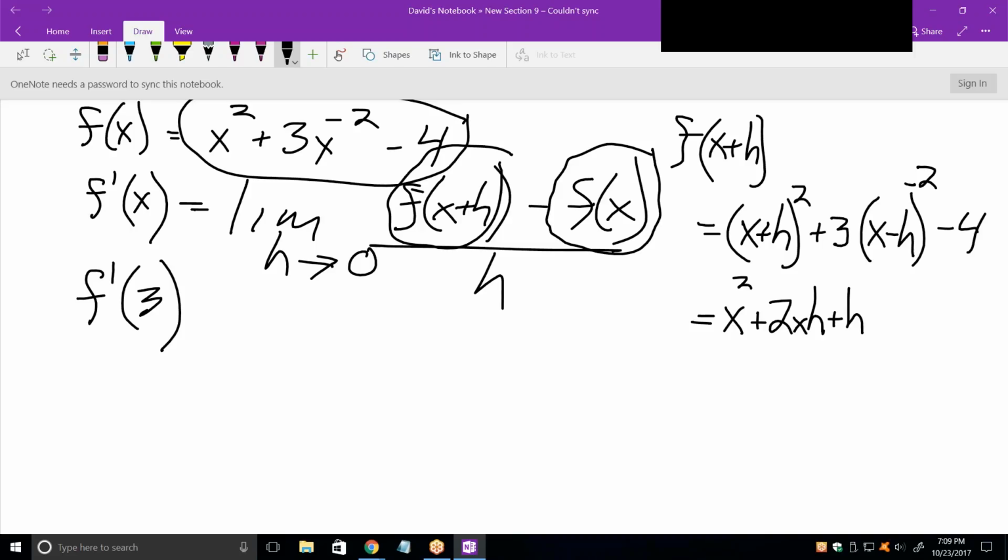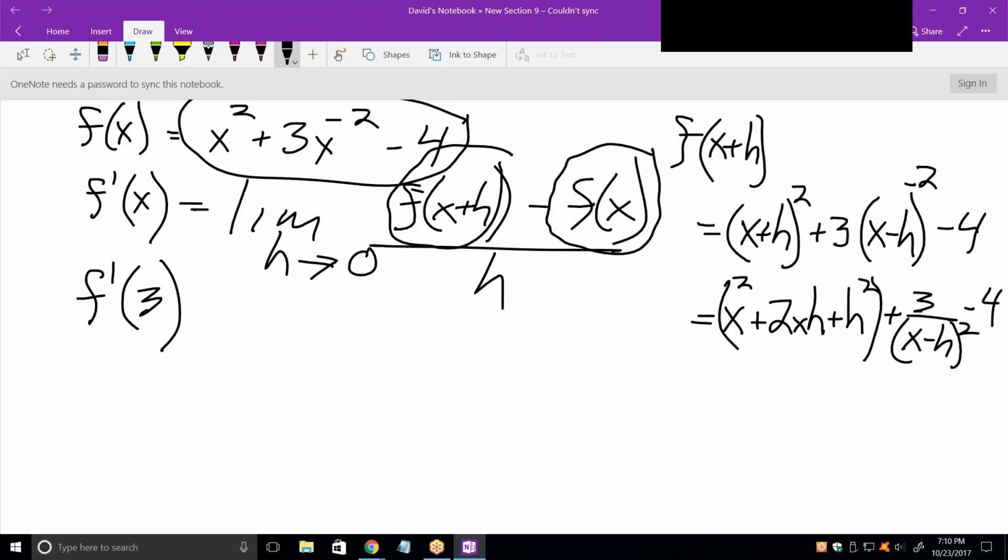To expand this, that's really 3 over x plus h quantity squared, minus 4.